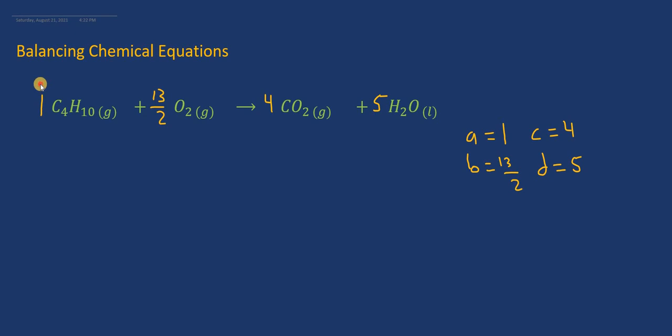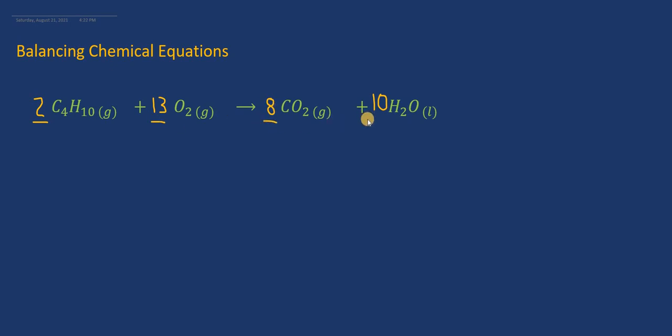So since 2 is the denominator here, we can multiply everything in the equation by 2. By multiplying everything by 2, this will cancel the fraction, and that will give us all whole numbers for the balanced equation. So once you multiply everything by 2, the fraction cancels, and now we have our final balanced equation with no fractions.